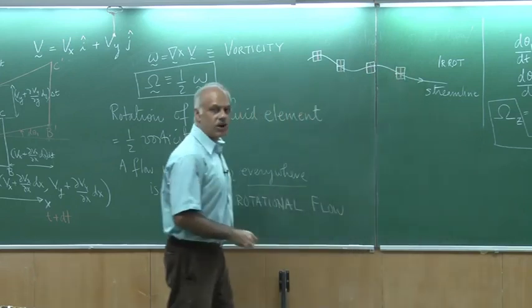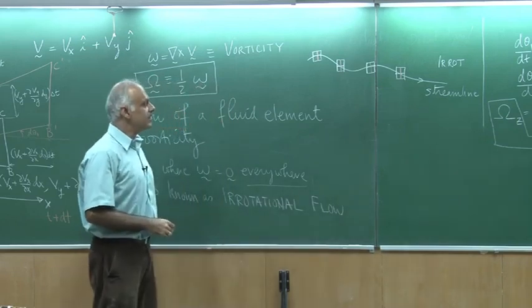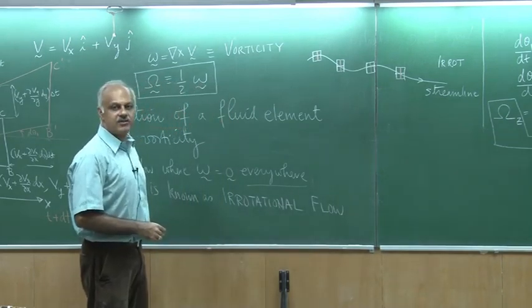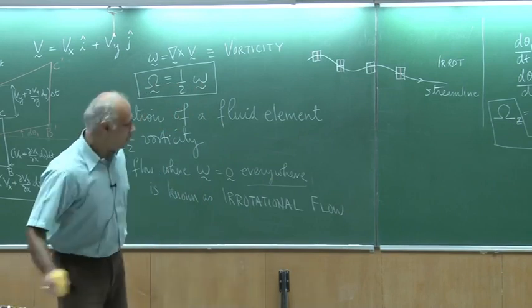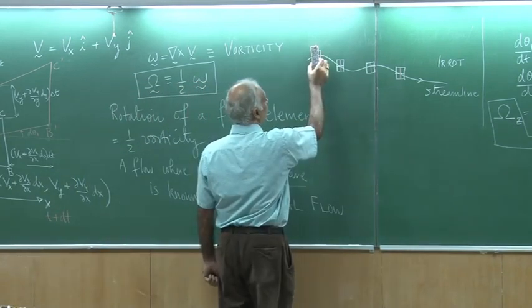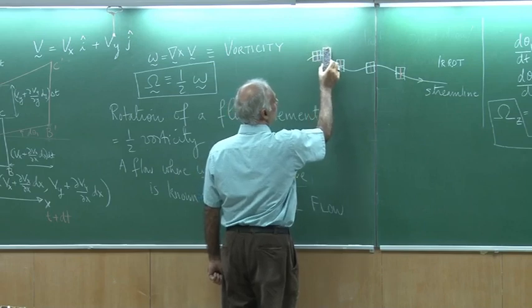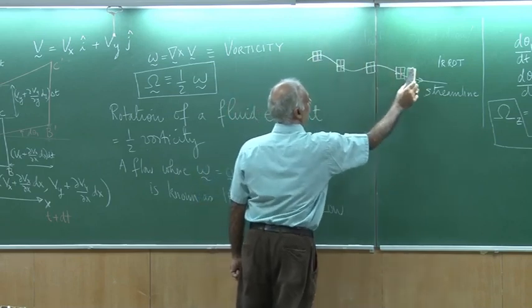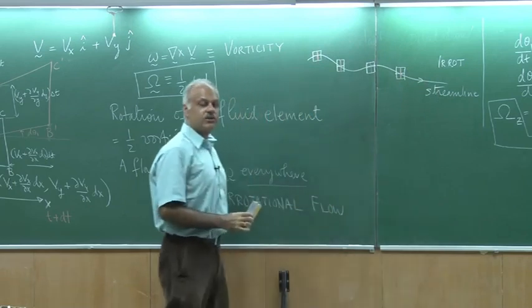So, I am using this cross, the red line and the white line, to show you the orientation of the element. In fact, I can use this example as a fluid element. So, as this element goes through a streamline, it maintains its orientation, it does not rotate.